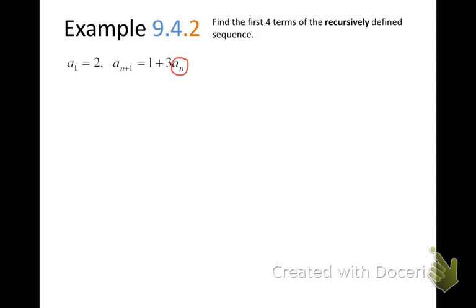So if I do this, I am finding a sub 2, which is going to equal 1 plus 3 times a sub the one previous to it. Not just 1, though, the actual value of a sub 1, right? So you're taking and plugging in the value of a sub 1.